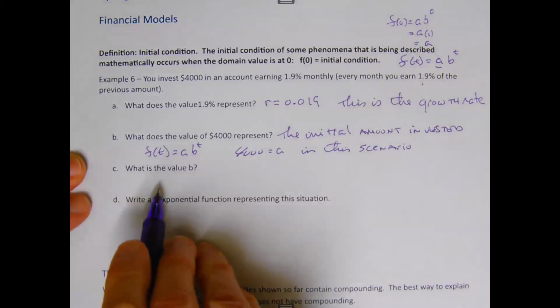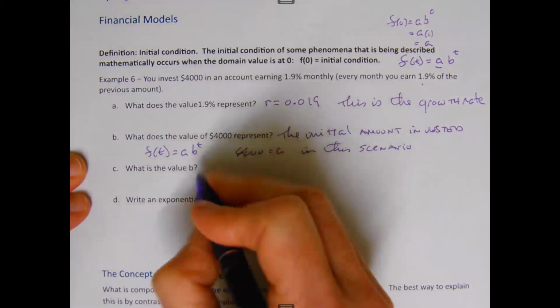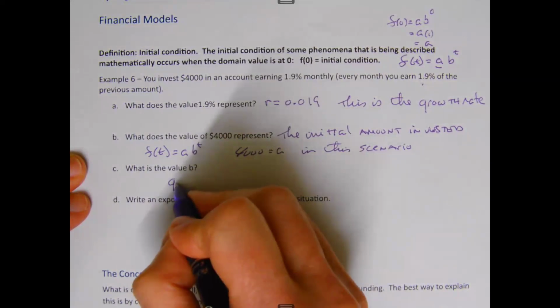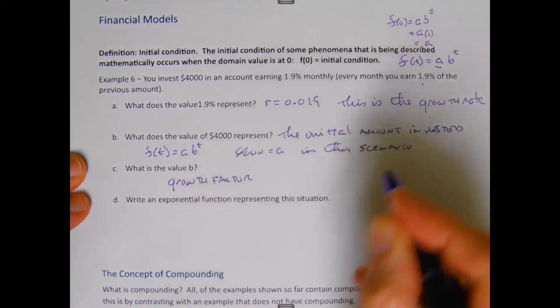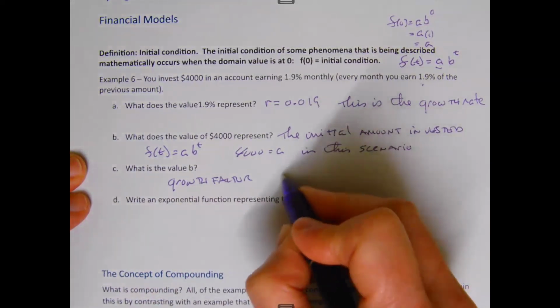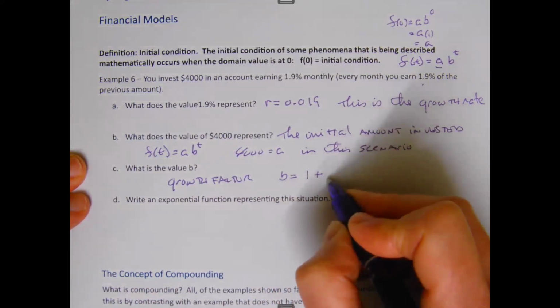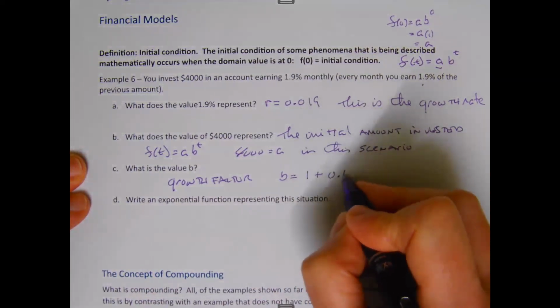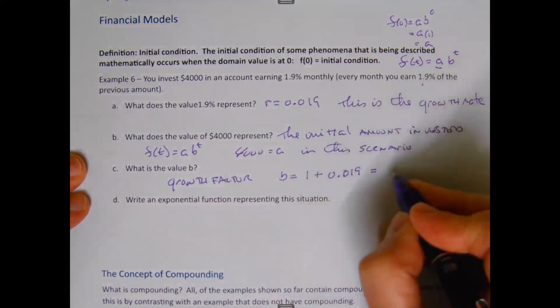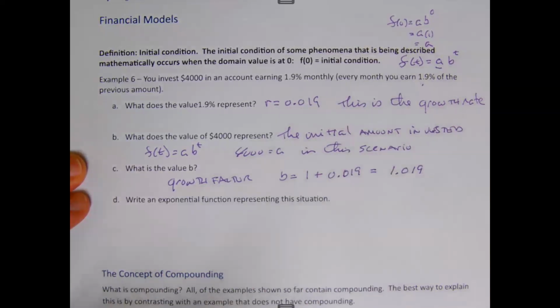What is the value of b? b is the factor, and because I'm growing, it's going to be the growth factor. Remember, the growth factor b is comprised of 1 plus my growth rate. My growth rate happens to be 0.019, so 1.019 is the value of b, my growth factor.